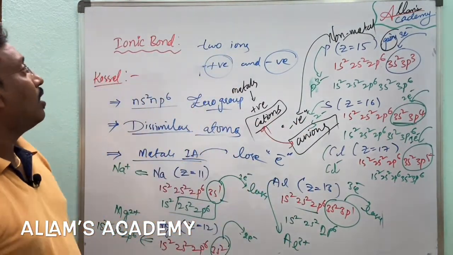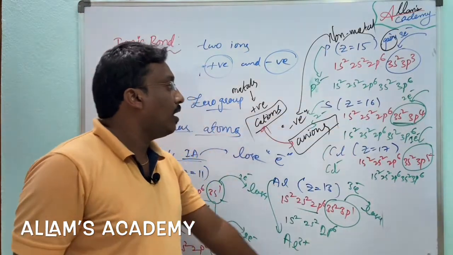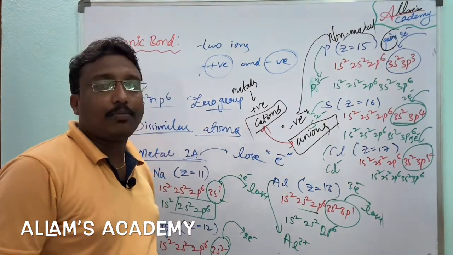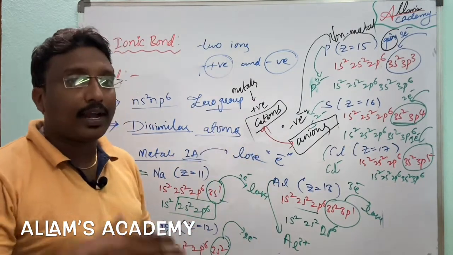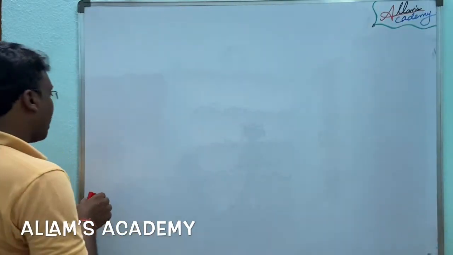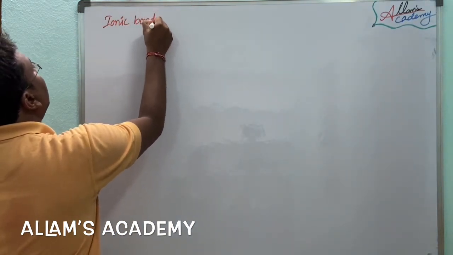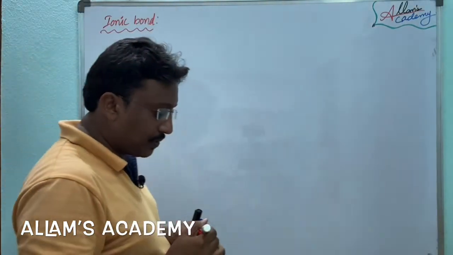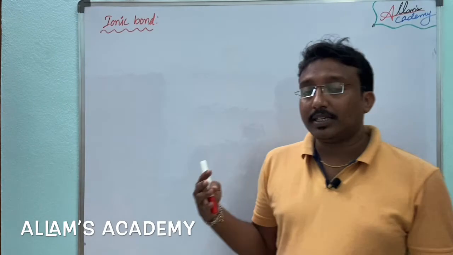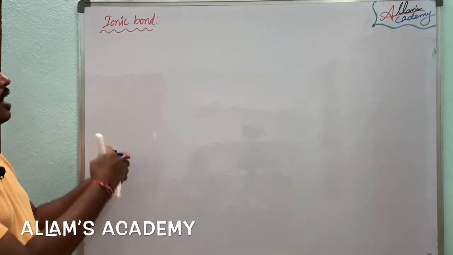These observations were made by Kossel, and now we are going to discuss two or more examples to understand perfectly how an ionic bond takes place between the particles.